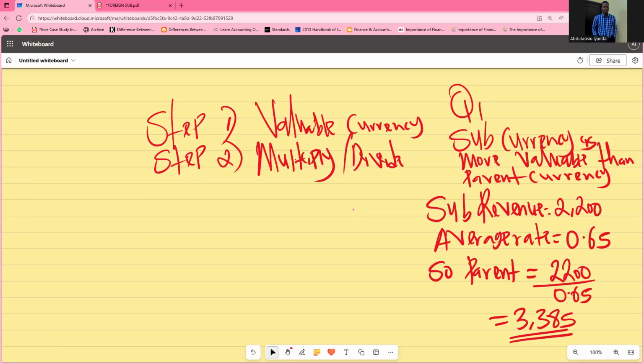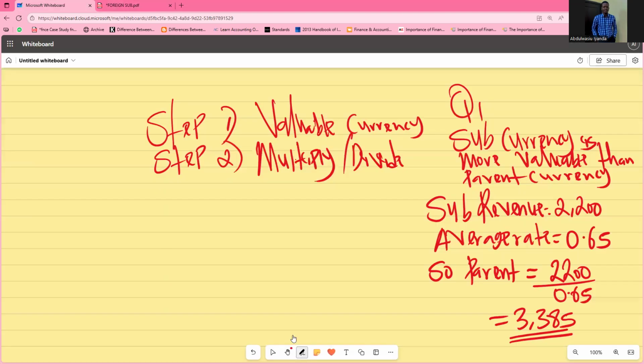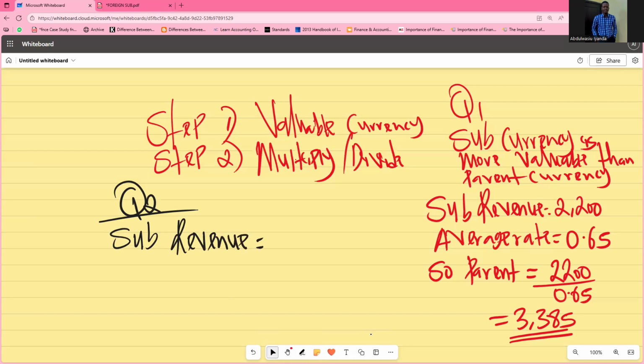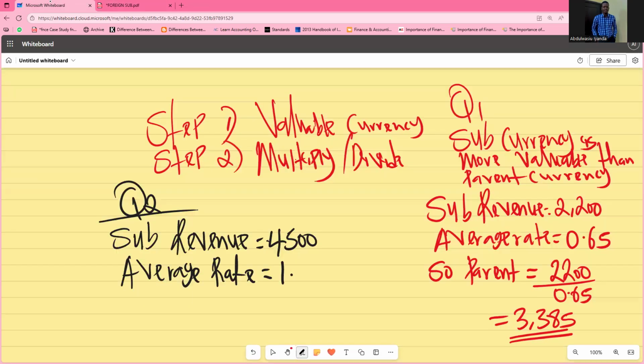So if the parent is more valuable and the subsidiary is reporting, let's say 3,000, or if you look at question two now, the sub revenue is 4.5, and the average rate is 1.58.